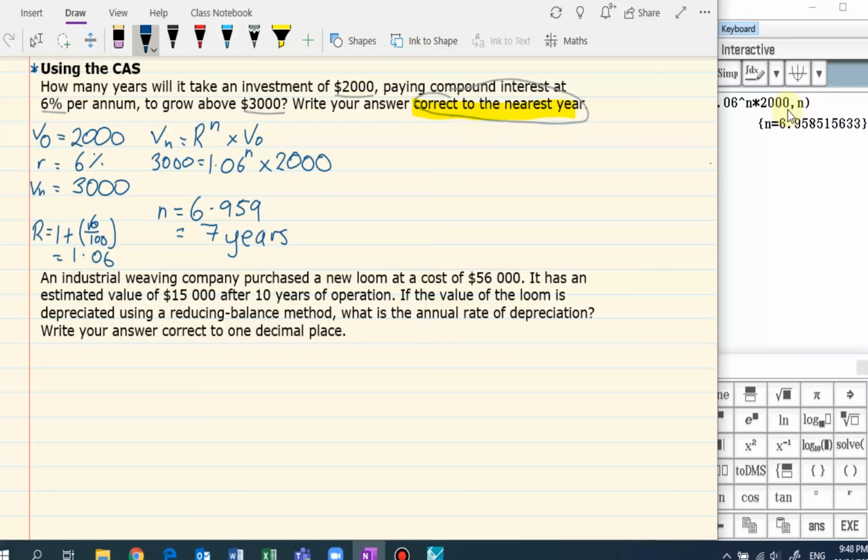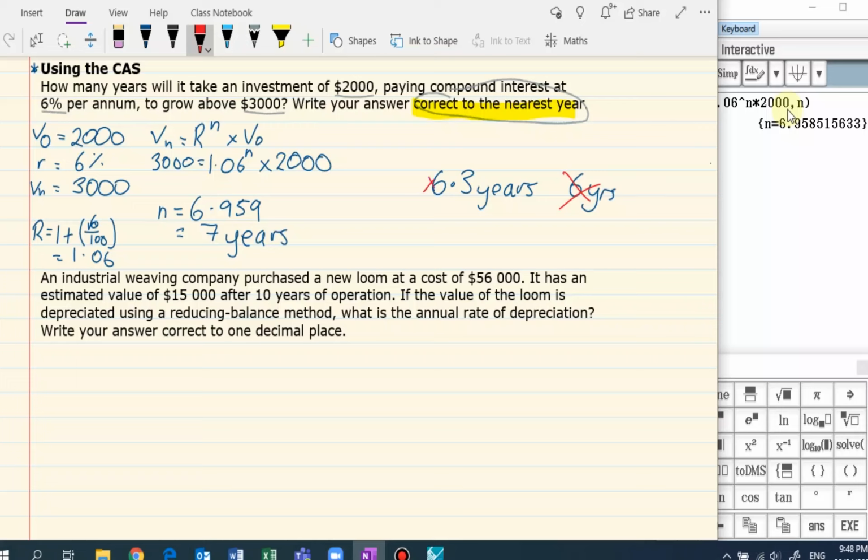If it just says, how long will it take for the investment to grow to $3,000 correct to a year, and it gave you an answer of 6.3 years, you really shouldn't be rounding that down to 6 years, because you're not at $3,000 after 6 years.